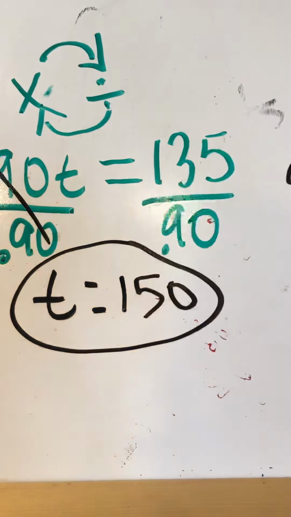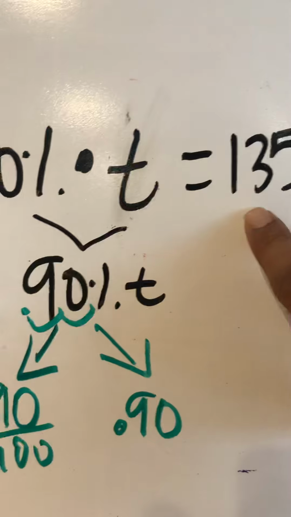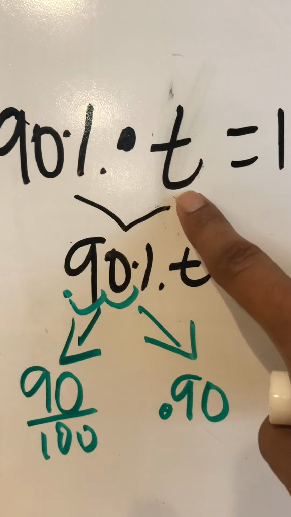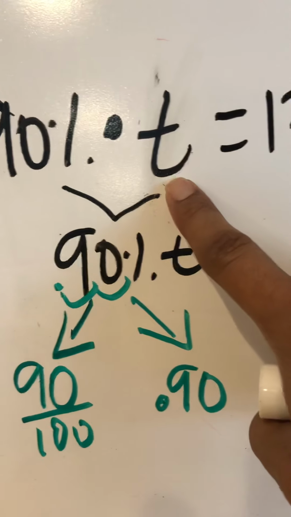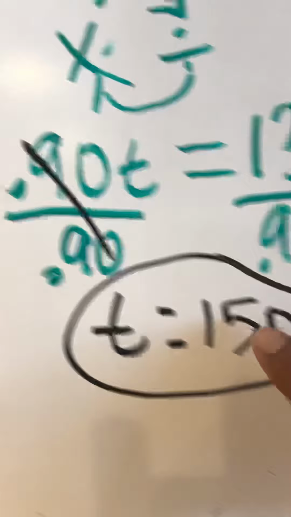So my total is 150. So if you notice, remember the part that they gave us in the story? 135. I wrote T for total because it's missing. We're looking for T. So is 150 bigger than 135? Yes. So does it make sense? Yes.